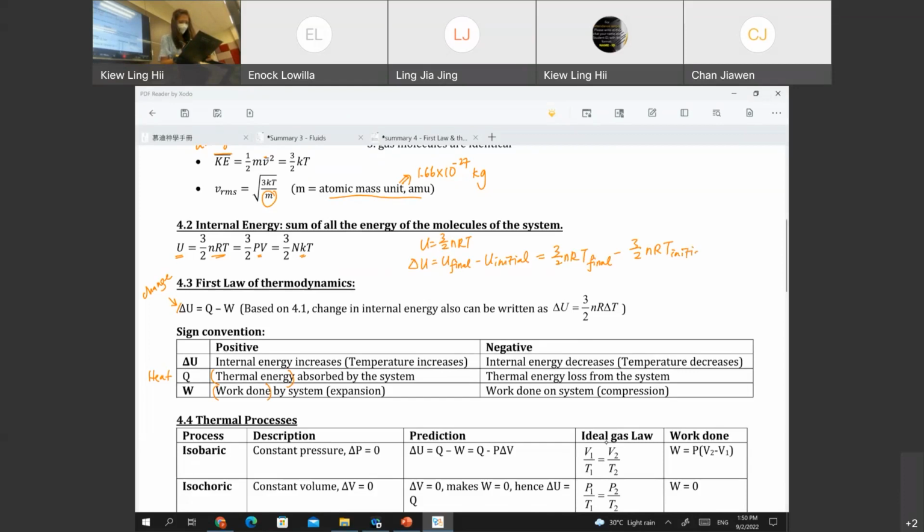Okay. So that's why we could also conclude that delta U also equals 3/2 nR delta T. If we want to write other expressions, also 3/2 delta PV.